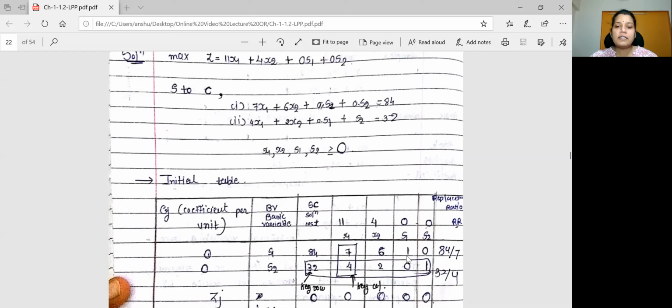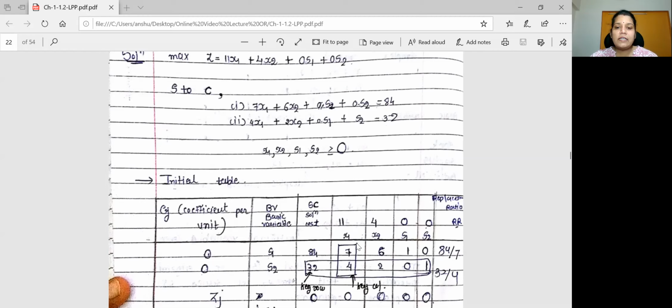In the first equation we write the coefficients of x1, x2, s1, s2: the coefficient of x1 is 7, the coefficient of x2 is 6, the coefficient of s1 is 1, and the coefficient of s2 is 0.